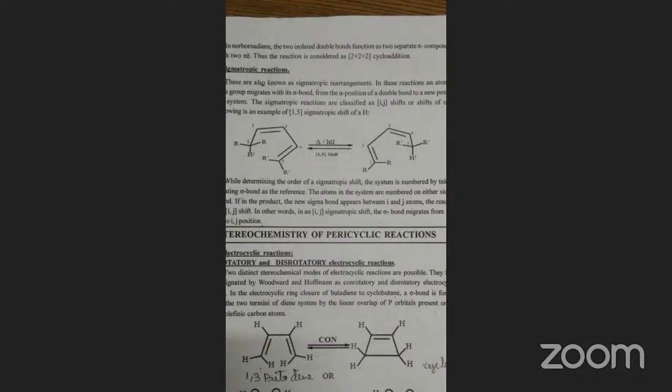In this reaction, the first carbon's hydrogen atom is shifted toward the fifth carbon, and the 5 and 4 pi bonded electrons are shifted toward the 4 and 3 carbons. Alternately, the 3 and 2 pi bonded electrons are shifted over to the 1 and 2 carbons.